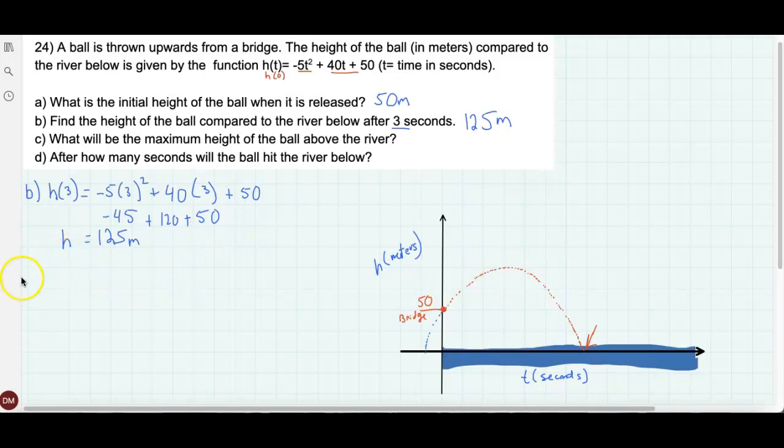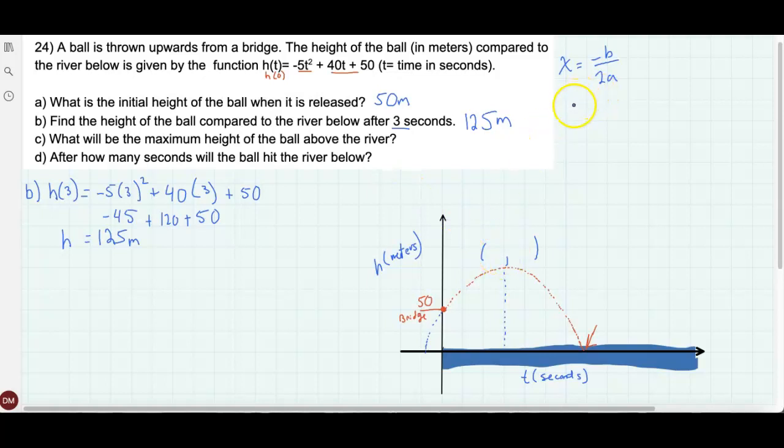Alright, let's see. C. What would be the maximum height? If this was in vertex form, we'd be laughing, but it is not, so we need to find the maximum height here. That is our vertex. So the axis of symmetry, if it's in standard form, remember, x equals -b over 2a. To get the height, we're also going to have to substitute the axis of symmetry, the x value.